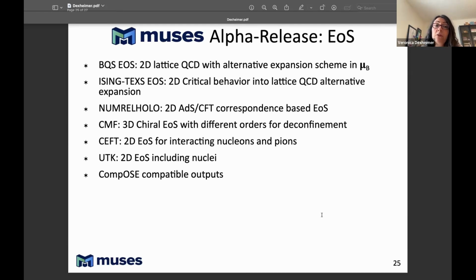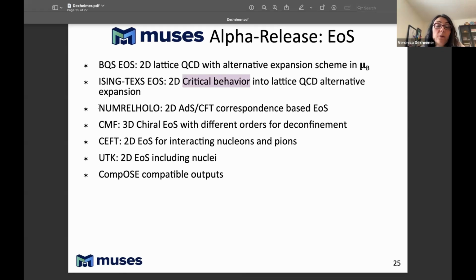For the time being, it is going to be 2-dimensional instead of the 4-dimensional we are going to release later. Also, a lattice equation of state based on the same alternative expansion, mixed with a critical behavior that's going to give you a fitted critical point, also in 2 dimensions.